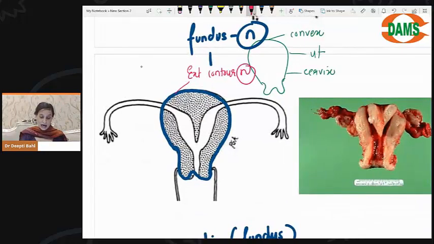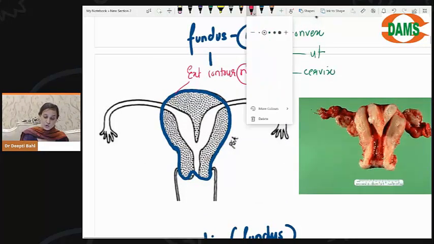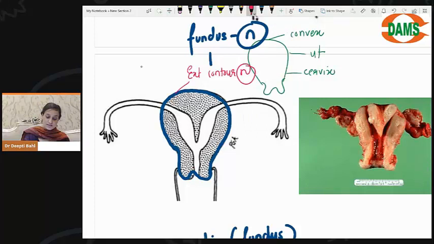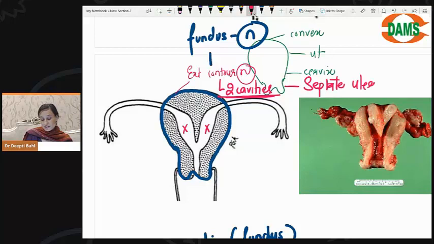I am seeing two cavities. So the external fundus is normal, but there are two cavities. Yes, so external contour normal but two cavities is what is called a septate uterus.